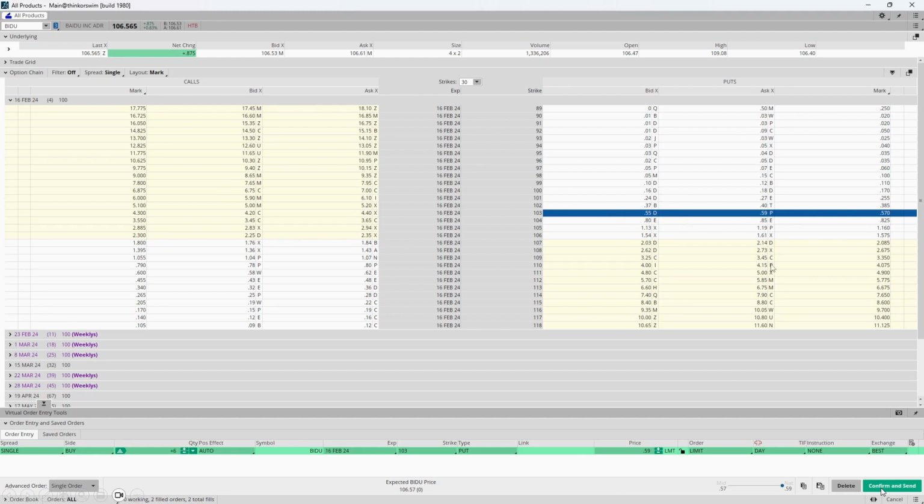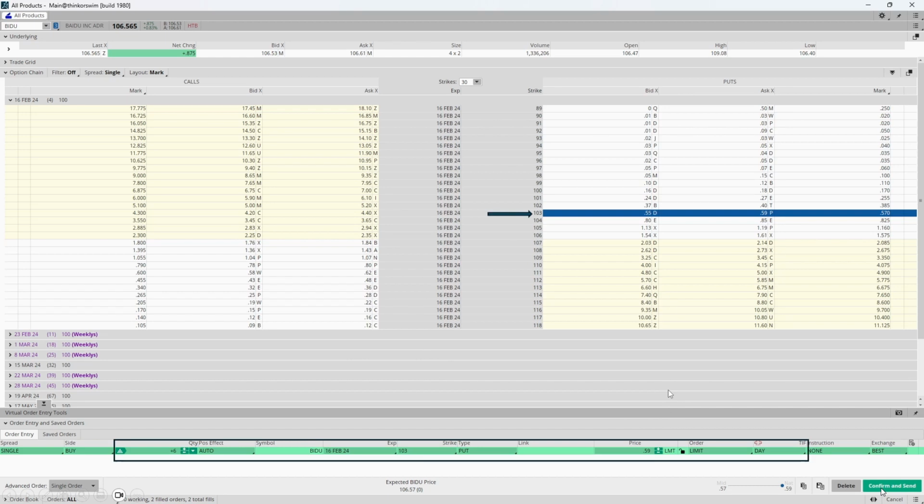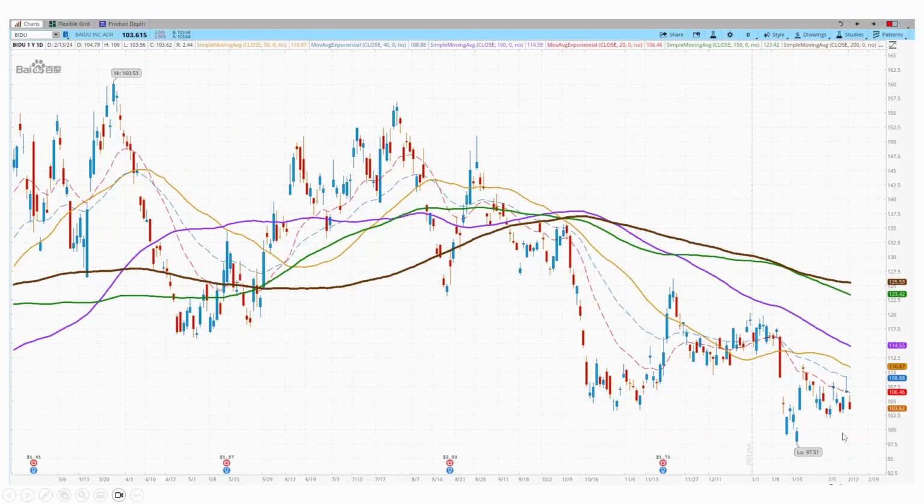Choosing the strike, it's going to cost $59. So we are going to choose 6 contracts with a strike of 103. It's a put option with this price. Once everything is good, you will click confirm and send. And what happened was, the next day, it went down, and actually went down to, I believe the price before was at 106.5.